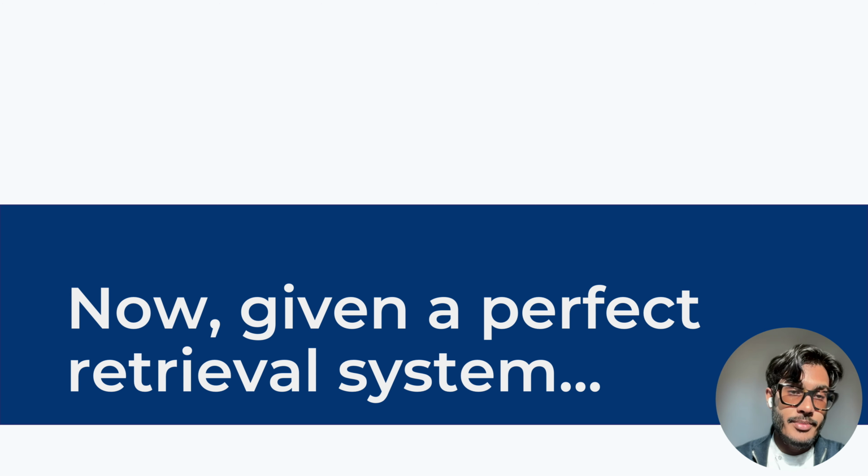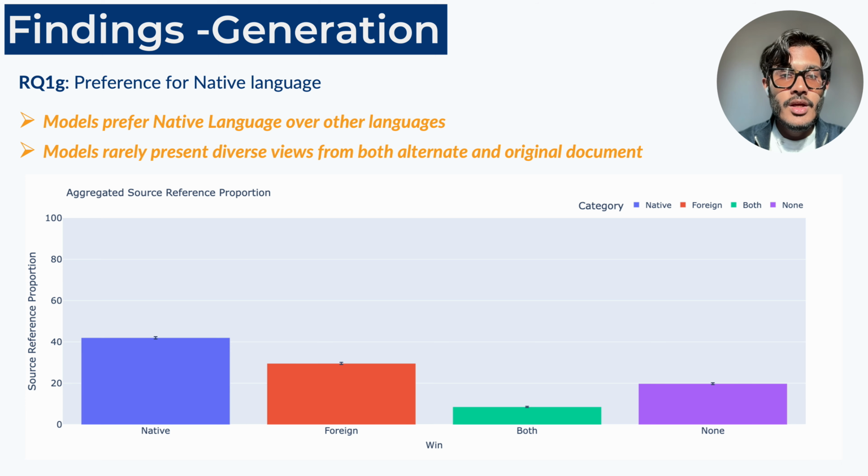Now, assuming that we have a perfect retrieval system that gives us balanced documents to the language model, let's take a look at how the generation phase handles these diverse perspectives. Looking at the aggregate preference scores, we see that the answers were derived from the native language documents 42% of the time. Compare that to 29.58% for foreign language documents.